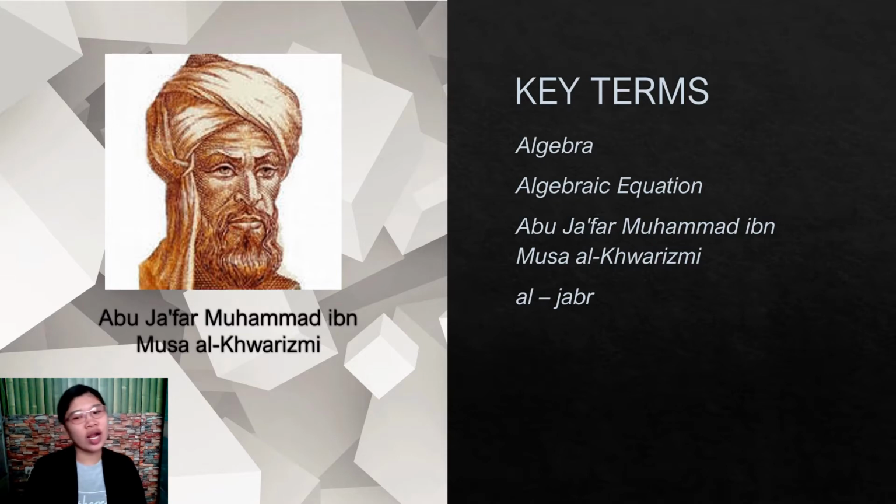First of all, I want to introduce some key terms that we will be encountering here. Algebra is a branch of mathematics that substitutes letters for numbers. Back in elementary, we simply used 5 plus 3 is equal to 8.